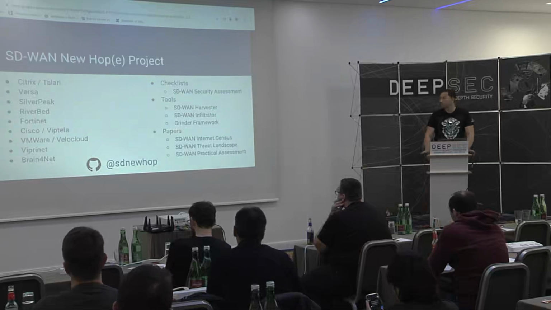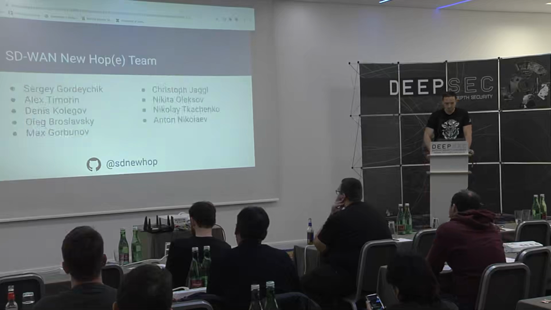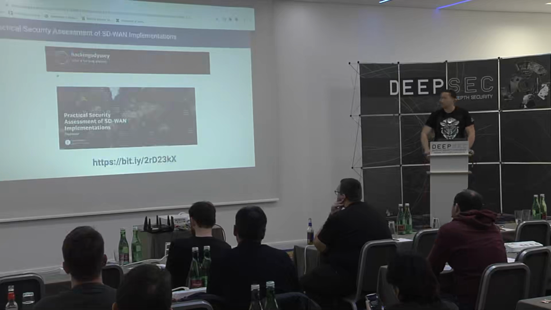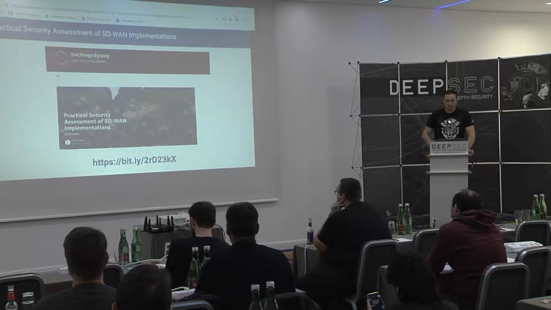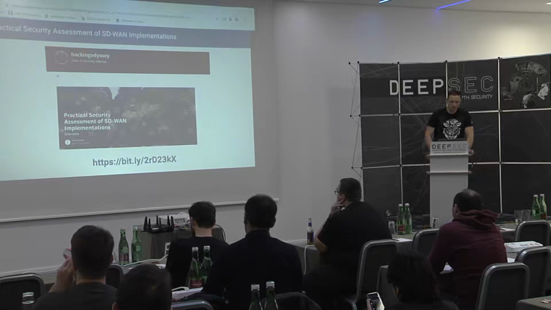All resources are free and can be found on our GitHub. This is our team, and this is the last paper on SD-WAN New Hope, summarizing the entire two years of research.